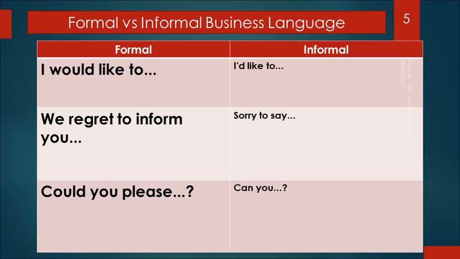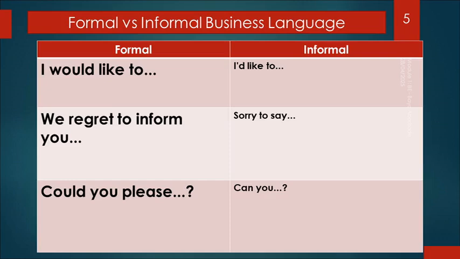Informal: I'd like to, with the contraction I apostrophe D instead of I would like to, stating it all clearly. In the informal, you are allowed to contract. It is also formal when we say we regret to inform you rather than sorry to say or I'm sorry to say. In formal language, we say we regret or I regret to inform you.